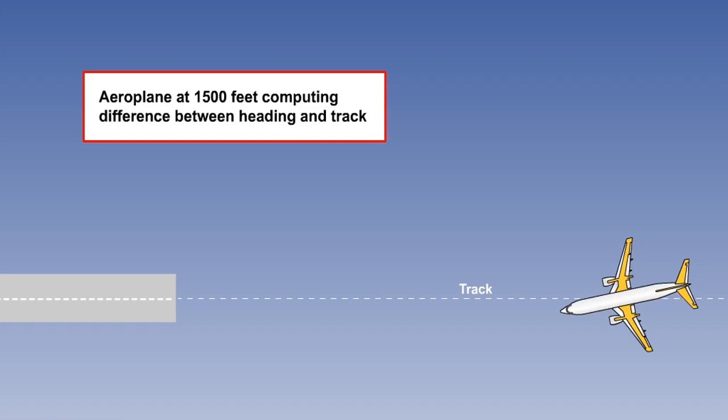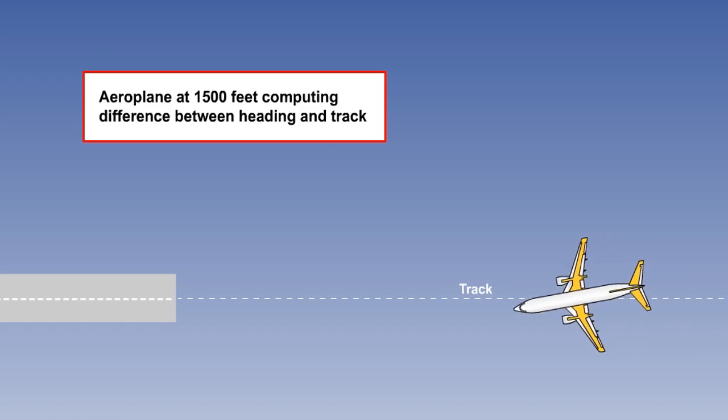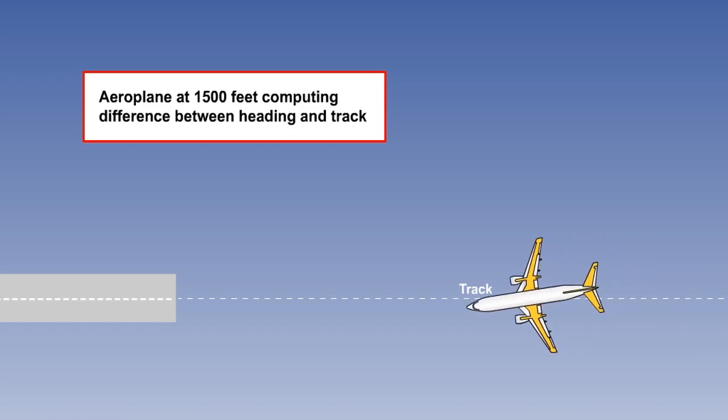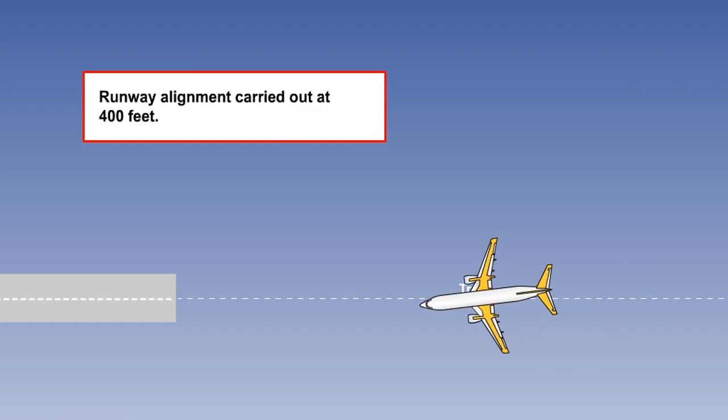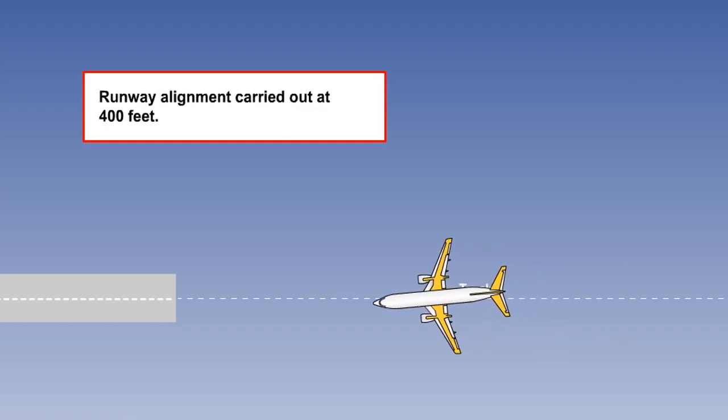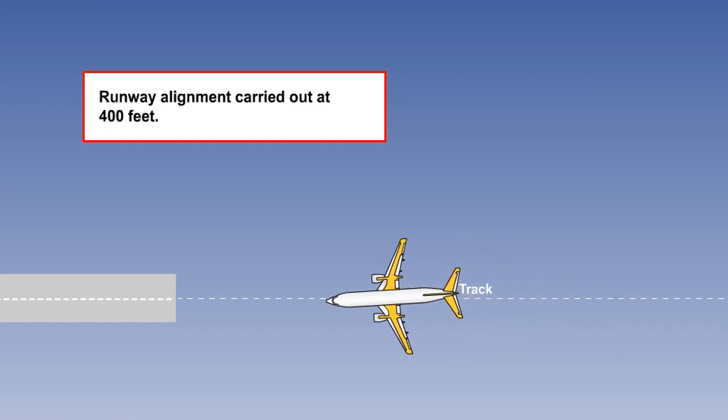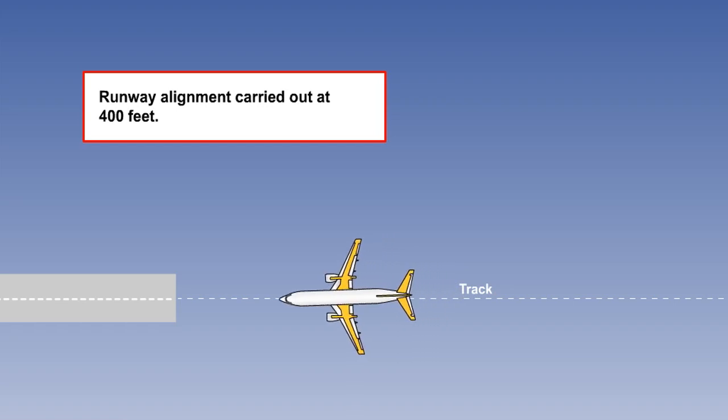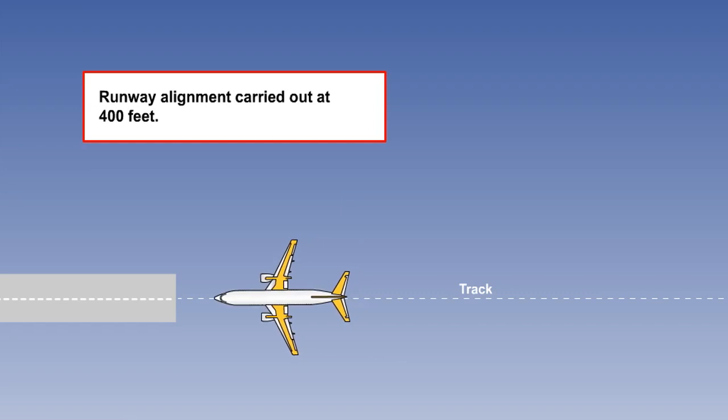The runway alignment mode is armed at the same time as the flare mode, and engaged at less than 400 feet, dependent on type. At this point, the yaw channel causes the rudder to kick off any drift prior to touchdown, which aligns the aeroplane with the runway centerline.